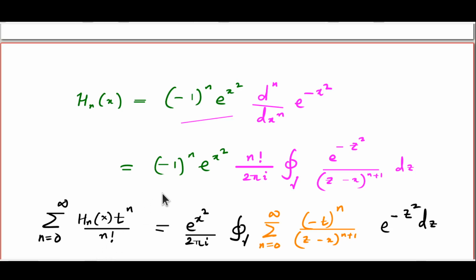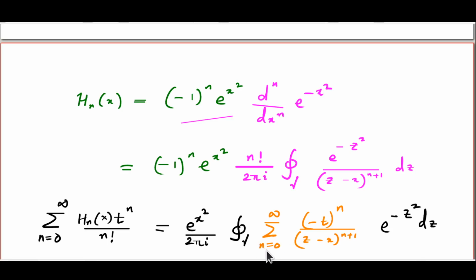Of course, this n factorial will cancel with this n factorial. We still have the e to the x square and 2 pi i outside. And instead of multiplying by t to the n, I've just taken the minus 1 to the n inside the sum. Of course, anything which depends on n has to be inside the sum. So you get minus t raised to the n and then z minus x to the power n plus 1. E to the minus z square is inside the integral, of course, but it's really not part of the sum, so it can be moved out of the sum, because the sum is only over n.